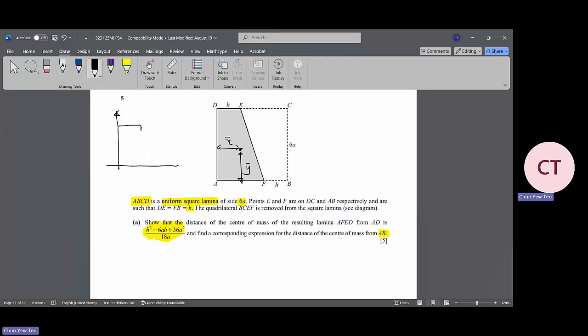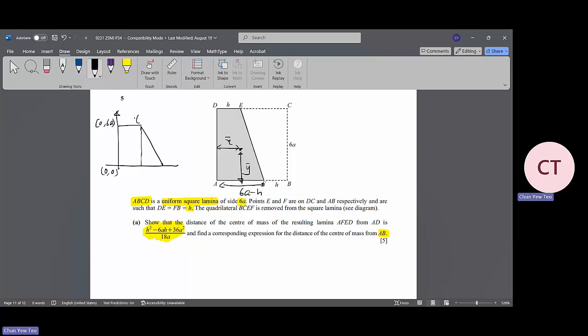So this is the origin. This point is (6a, 0, 6a). This point, what is this point? This is 6a minus h.